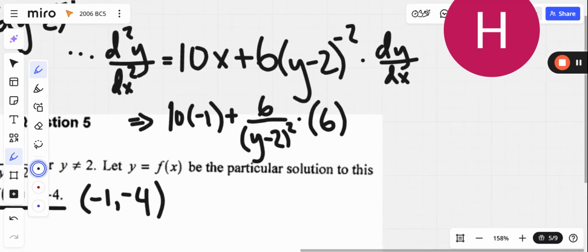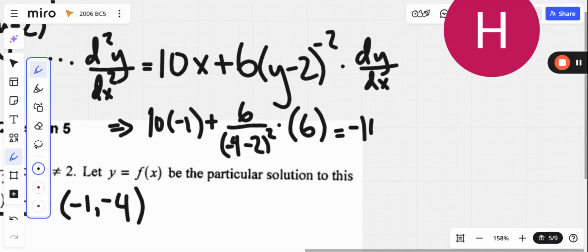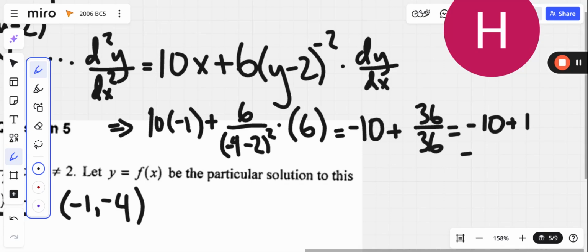We just solved what it is at that same point, so we're good. Whoops, I should put the y value in. That's a -4. Okay, so this is the same as -10 plus 6 times 6 is 36 over (-6) squared, which is -6 times -6, also 36. And so we get that the second derivative is equal to -9.